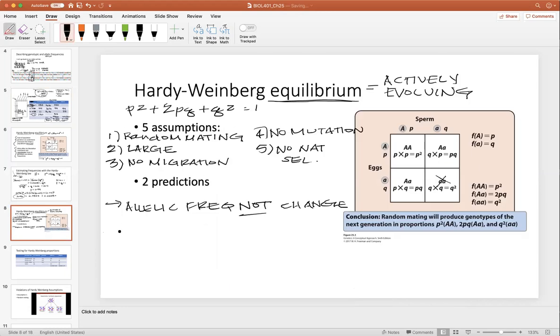The other thing is that the genotypic frequencies become stable or steady after 1 round of mating. In your homework, there is a great animation that explains this.